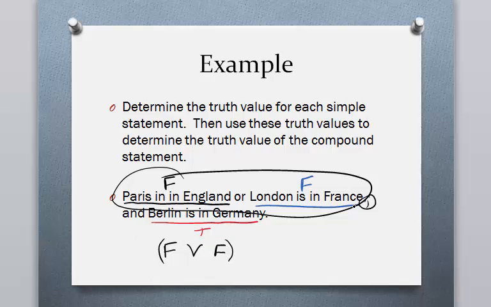The third event says that Berlin is in Germany, which we already know to be true, and we have an and. So we'll use the symbol for and, we have a true. Now we have our compound event written. Let's determine whether this is true or false. We know that false or false is going to give us a false outcome.